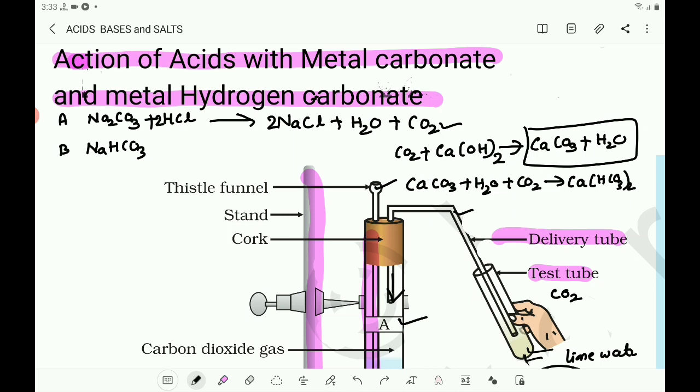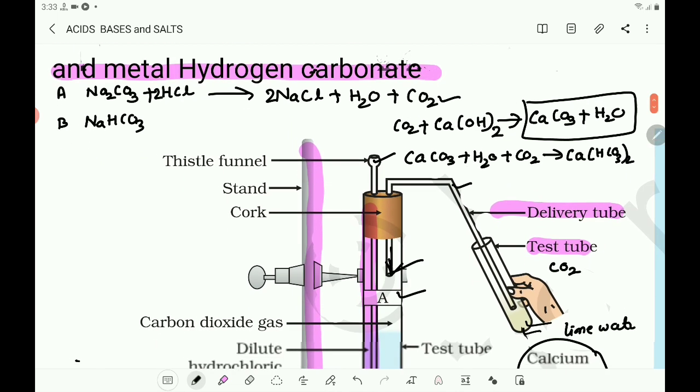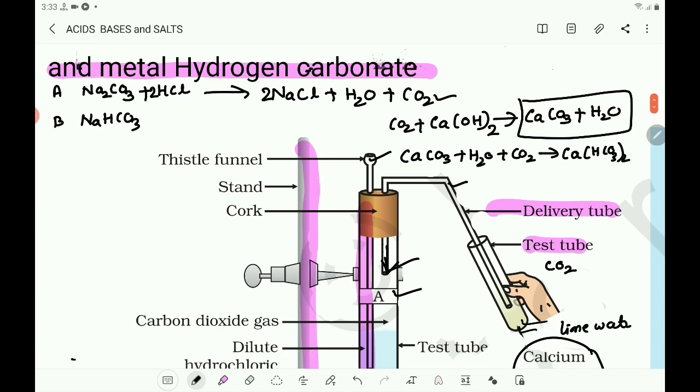Again, here you replace test tube A and take test tube B. So the same experiment by using sodium bicarbonate, NaHCO3, in place of sodium carbonate. Take test tube B and add again 2 ml of HCl. What are you going to get?